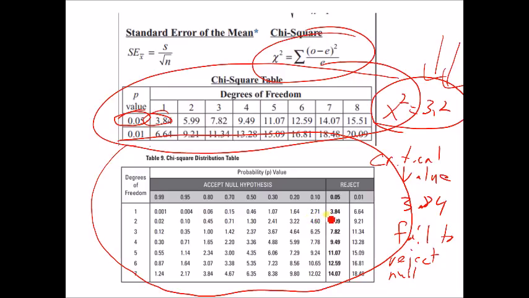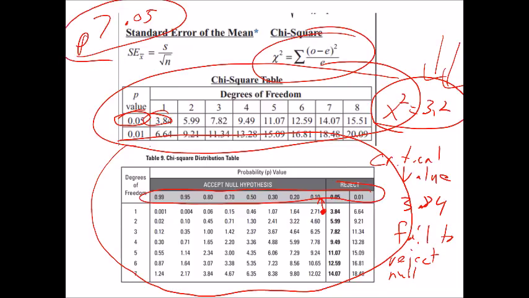Notice that 3.2 would be somewhere in here. And if we go up from that 3.2 to the p-values up here, notice that our p-value is somewhere between 0.1 and 0.05. Point is, our p-value is greater than 0.05.